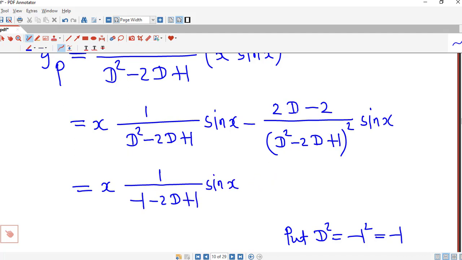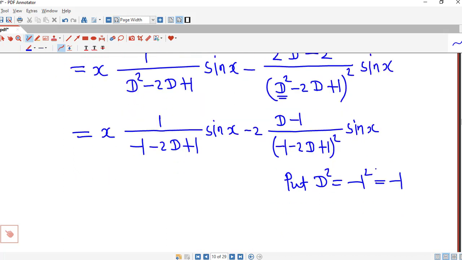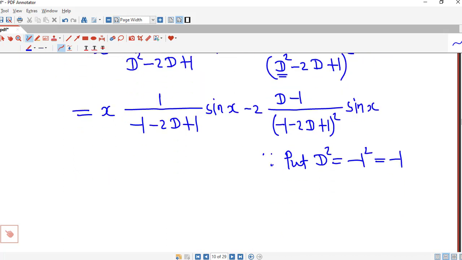Here we can take 2 common, so we have D minus 1 in the numerator, and in the denominator we replace D squared by minus 1, that is minus 1 minus 2D plus 1 whole squared, sin x. So here we have replaced D squared by minus 1.